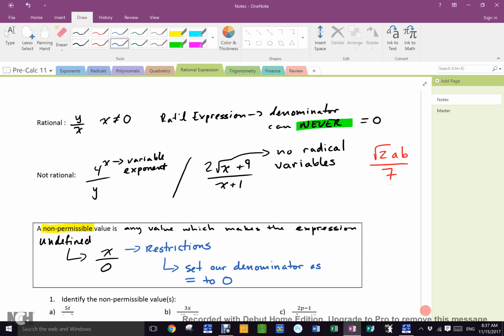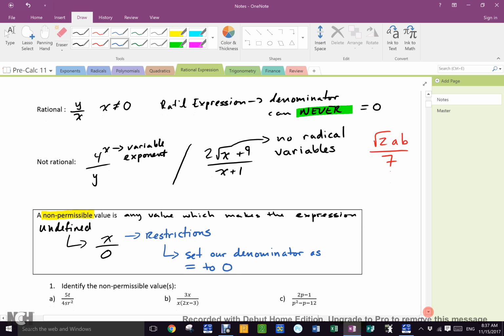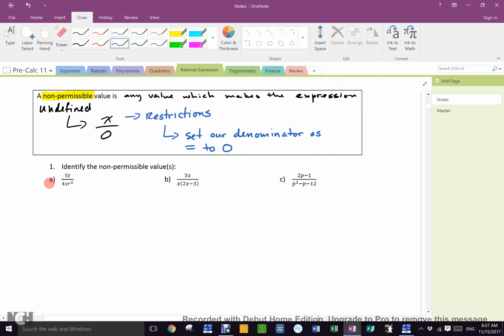So, let's have a look at this very first one. What values here are not allowed? First of all, I have to look at my variables. I can have t, I can have s, and I can have r. Is there any value for t which I can't use?